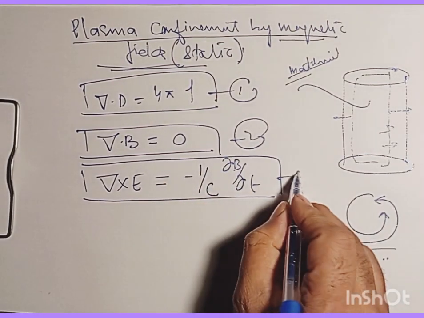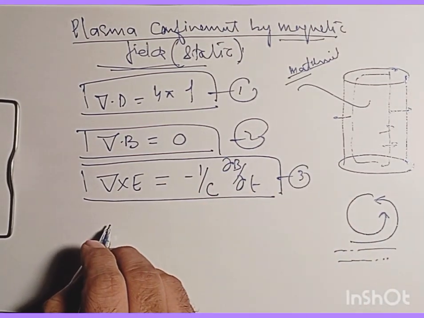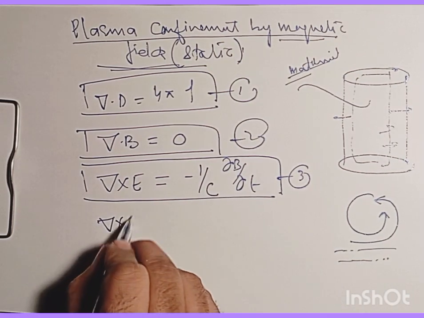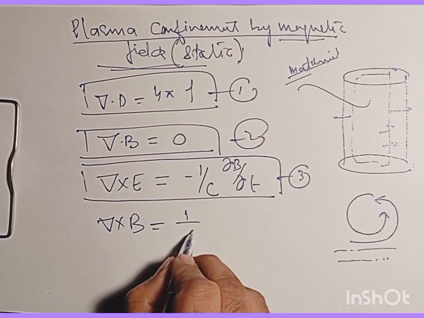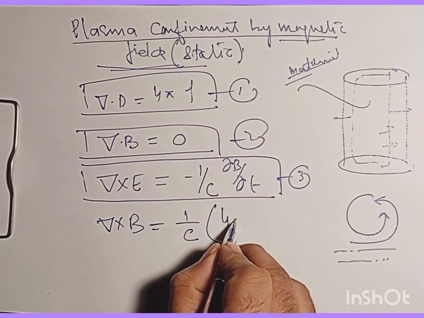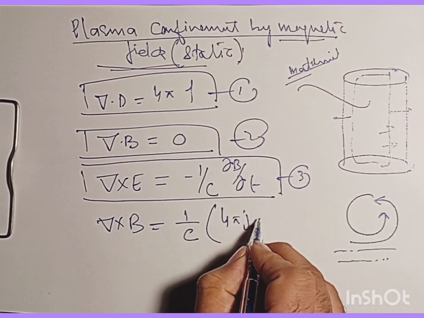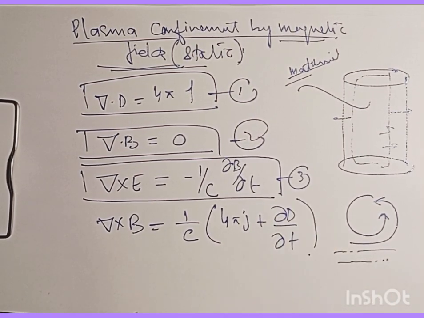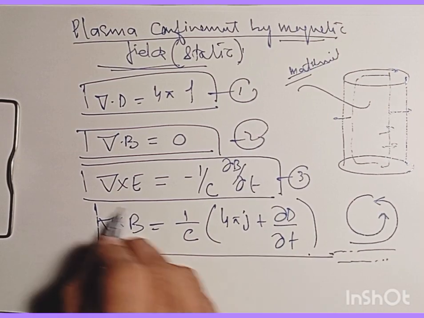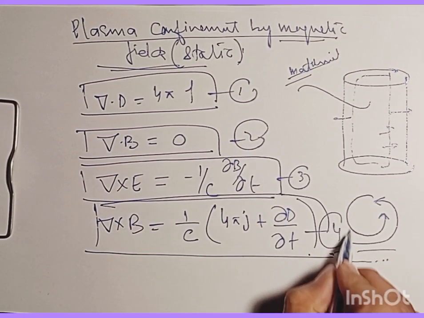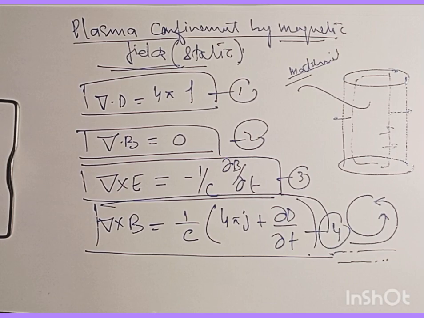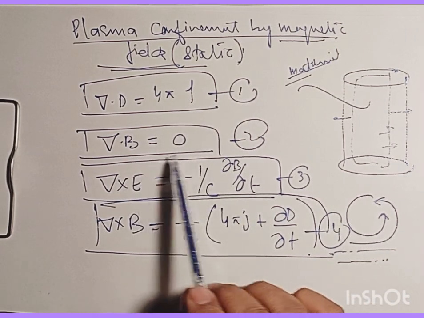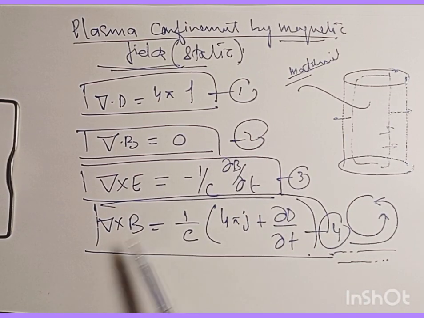And then we have the modified Ampere's law: curl of B is 1 by c times 4 pi J plus dou D by dou t. So these are Maxwell's equations: Gauss's law, Gauss's law in magnetostatics, Faraday's law, and Ampere's law.